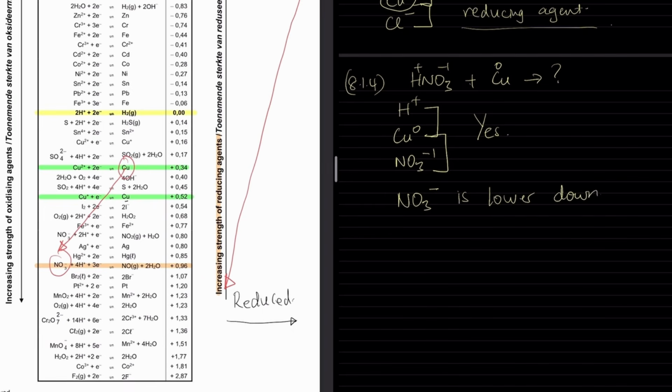Now, since it's lower down, we could say that it is a weaker reducing agent, but better to say, since there is a reaction occurring, that it is a stronger oxidizing agent.